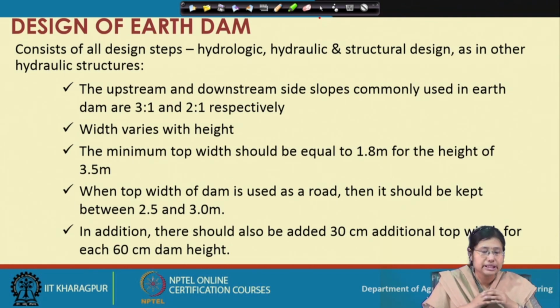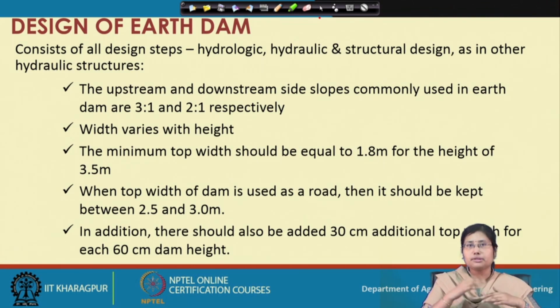Now, coming to the design of the earthen dam, it consists of all design steps, that is hydrologic, hydraulic and structural design, as with any kind of hydraulic structure. Now, how we can make a design of the earthen dam. The upstream and the downstream side slopes are commonly used in earth dams at 3:1 or 2:1, and the width in general varies with the height.